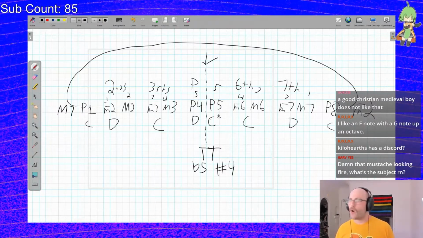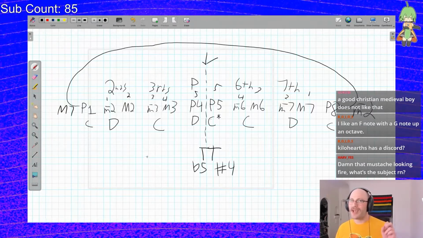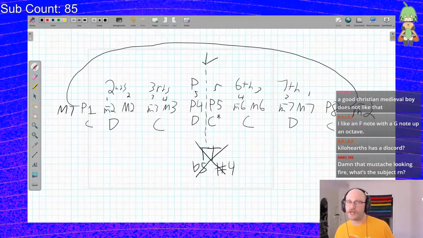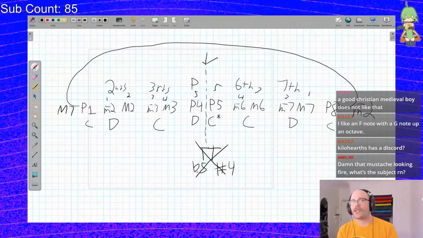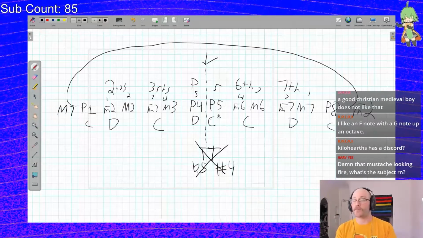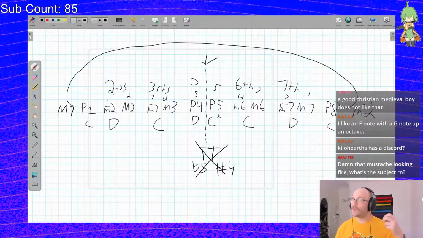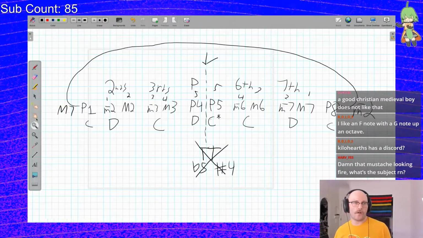The big overarching rule for almost every part of Baroque era counterpoint is that you want to avoid reaching an interval of a tritone at all costs. No matter what you do, you must avoid the tritone. So we're not going to include it here, except to say this interval creates a tritone. Don't do that.